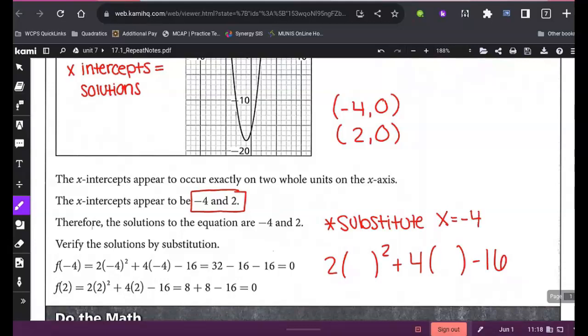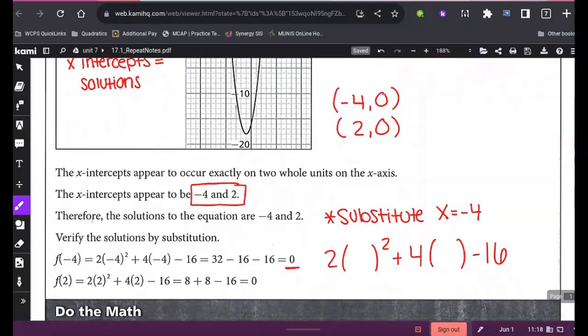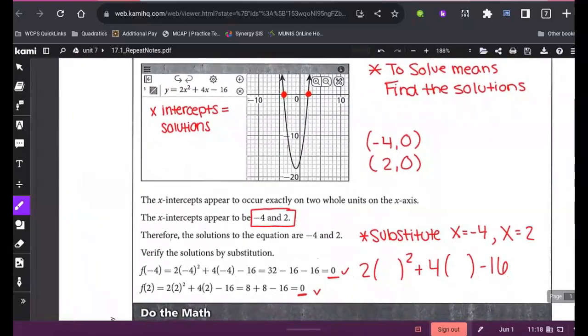That's what they did here. They noticed that they got 0 as the y value when they plugged in -4. And then you substitute in +2. Wherever the x is, you substitute that number into the equation, and then we use the calculator to verify that it's equal to 0. If it's equal to 0, then we put a check. That means the solution is correct. So we have a way to check our solutions today.